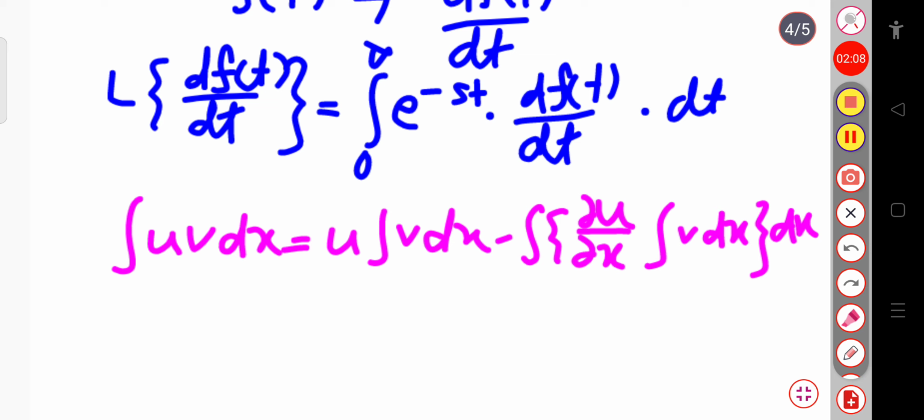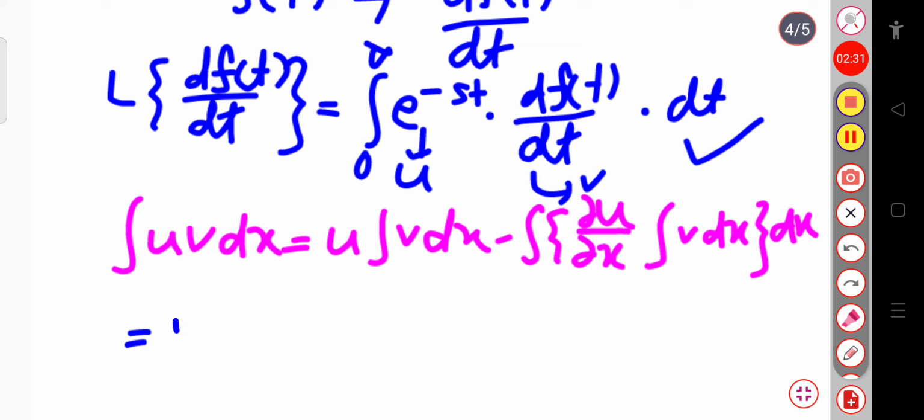Now we will calculate this integration, the Laplace transform of this function. For the exponential function I will consider this as u and this as my v.